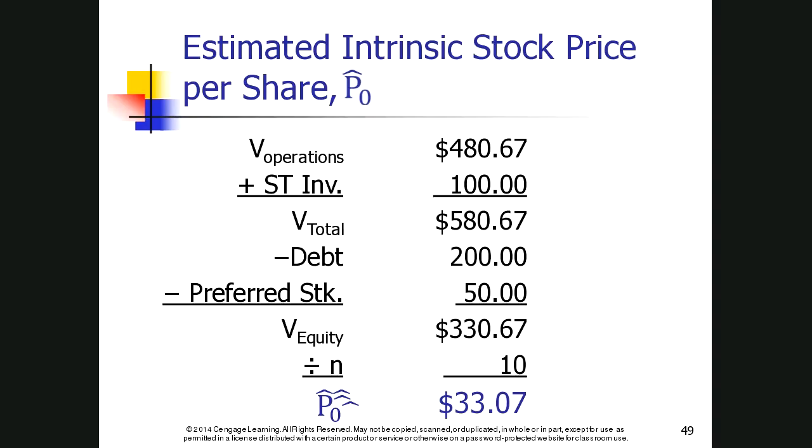Instead of a constant growth, we have irregular free cash flow in the first several years, well, actually, the first one is negative, and then going on a constant growth in the future. In this case, the price that you eventually get is 33.07.